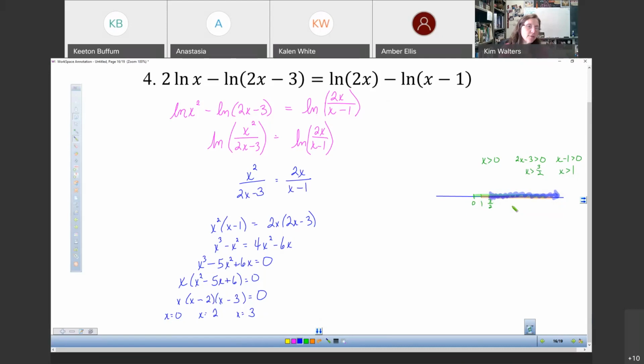So if you want to think of it in terms of that, you can sketch each interval on your number line, and you can see that therefore everything has to be in all 3 categories. And so a shorter way to say that is it must be greater than 3/2. 3/2 is 1.5, which means then that my solutions are x is equal to 3 and x is equal to 2. X is equal to 0 is just simply not part of my solution set.